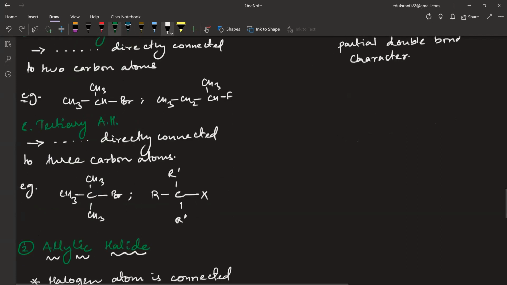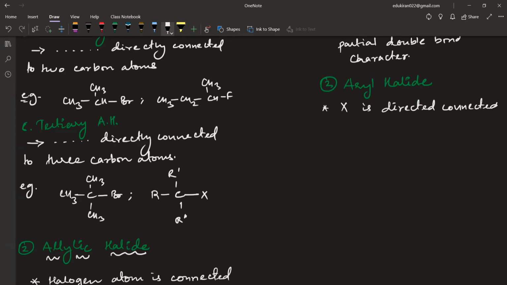The second in the same category, that is the sp2 C-X bond, is the aryl halide. What is happening in this case? The halogen atom is directly connected to the benzene ring.